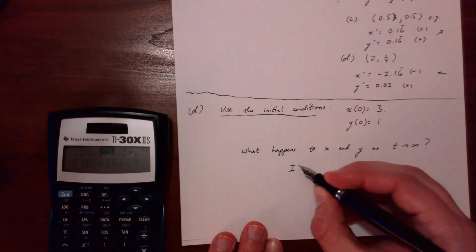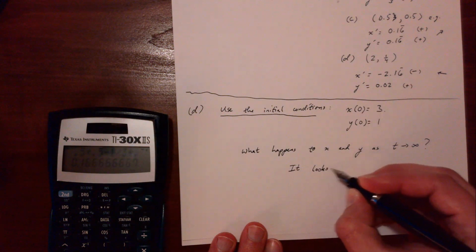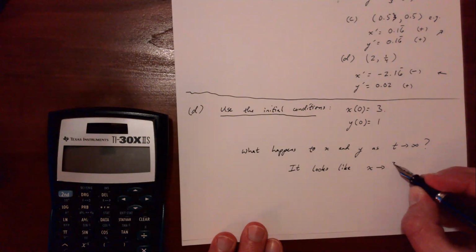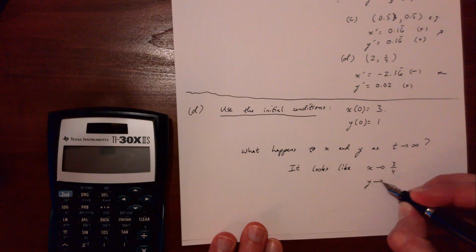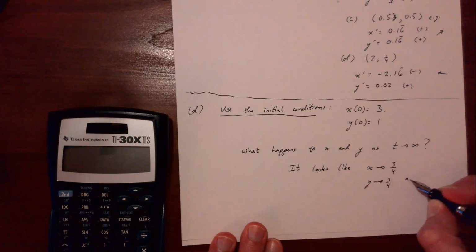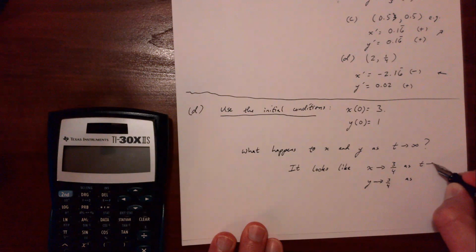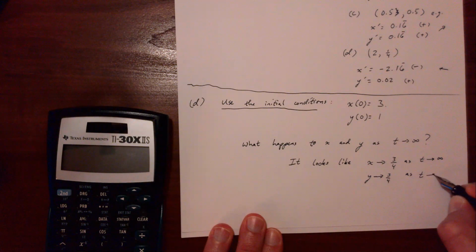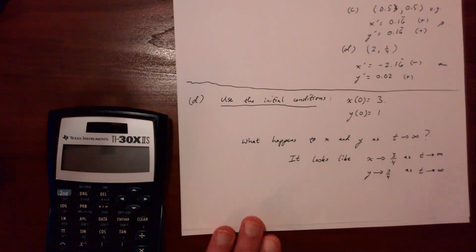So it looks like in both cases we are converging on the point 3/4 and 3/4. So this equilibrium, because of this, is called a stable equilibrium. It's also called a sink or an attractor for the same reasons as we saw before.